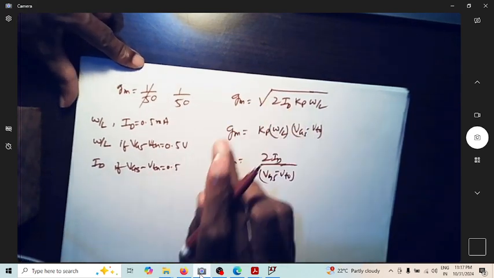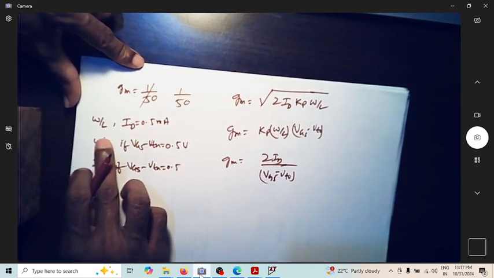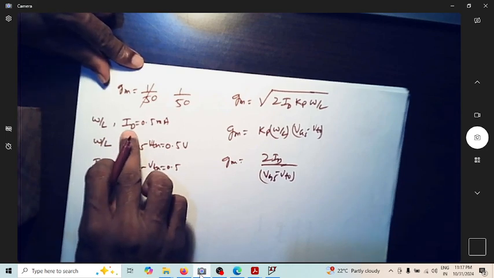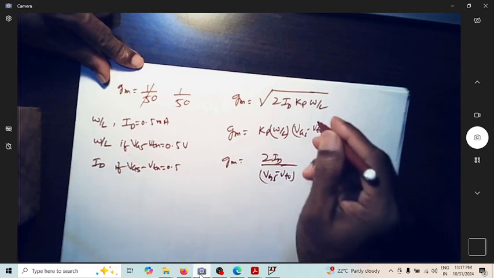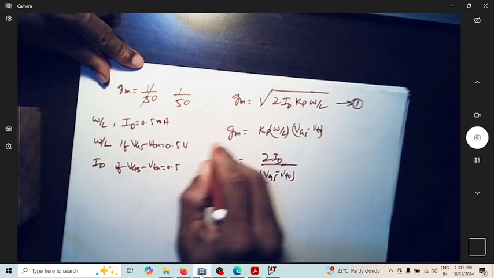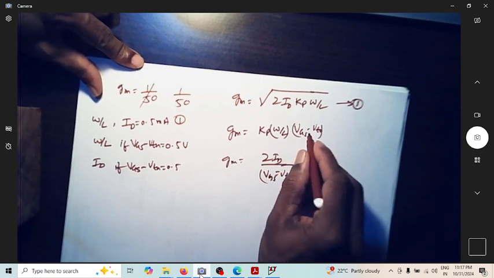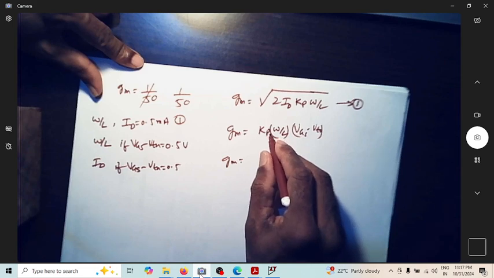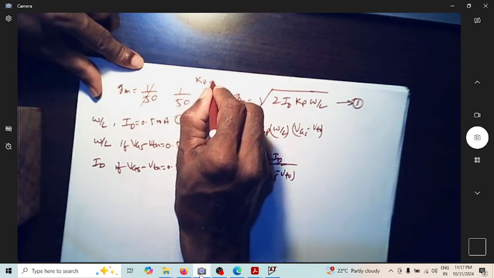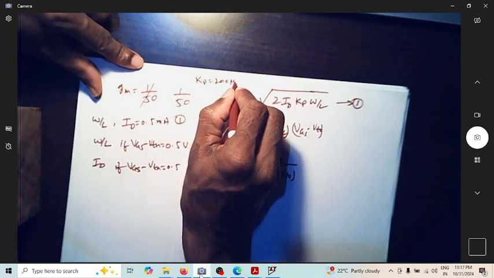So from these we can comfortably find, when the value of ID is given as 0.5, what W by L is. Maybe you can use equation 1 for this. Since VGS minus VTO is given, Kp is known. Of course, Kp you can consider as 200 microampere per volt square.